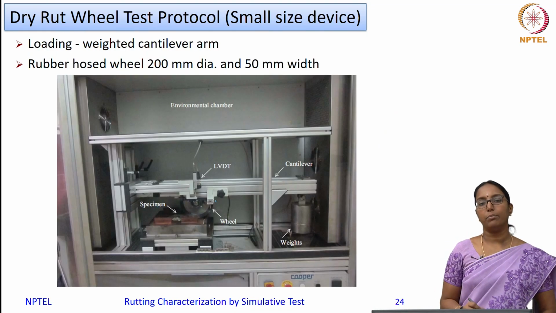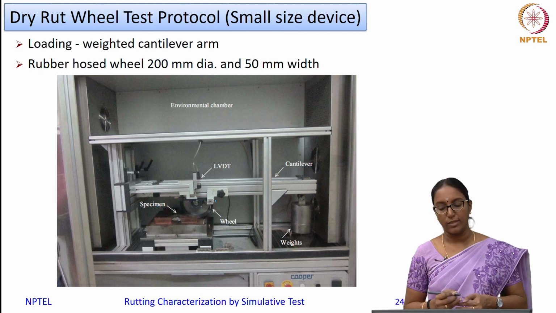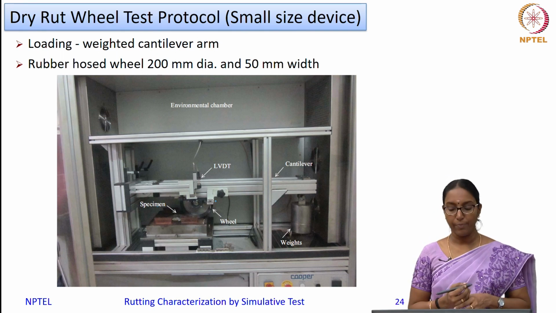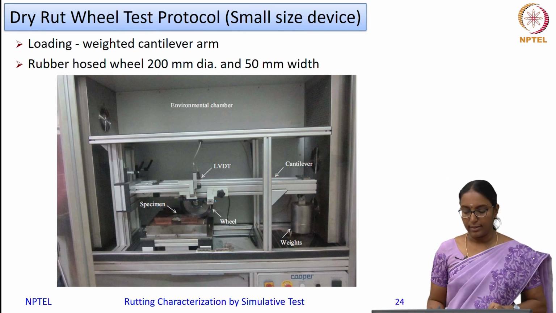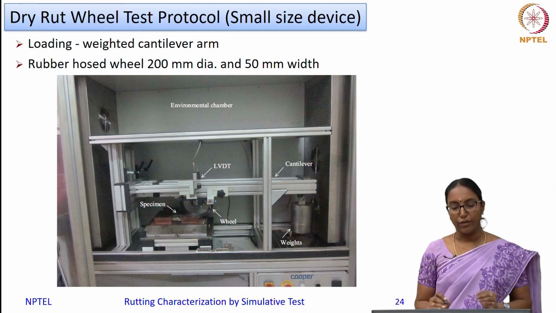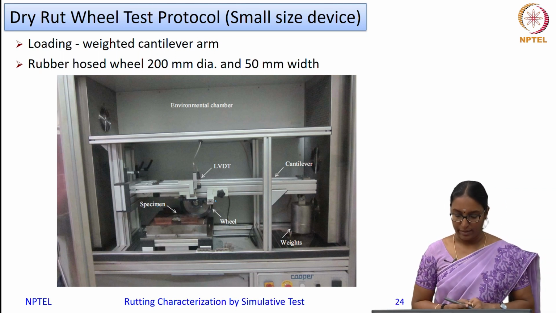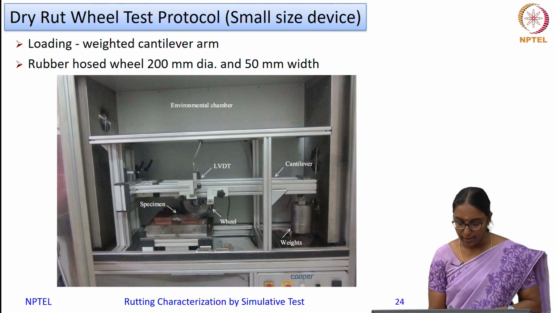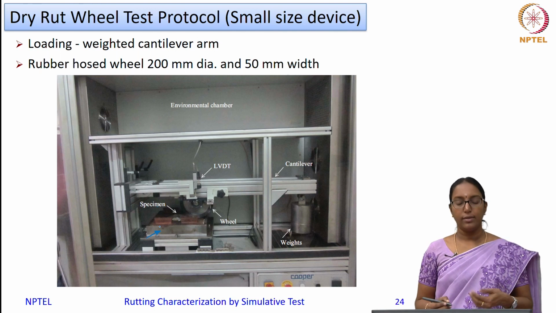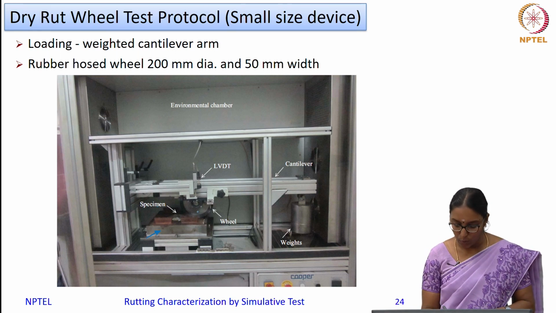Now, I will discuss how the testing is done in a small size device in air. This is a chamber, an environmental chamber, where the test is being conducted. As you can see here, this is the bottom plate in which the specimen is kept. You can see the wheel here.